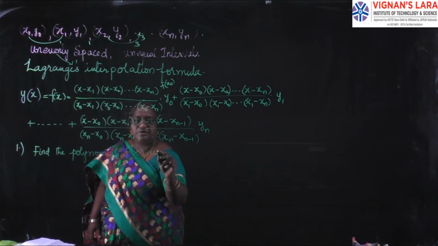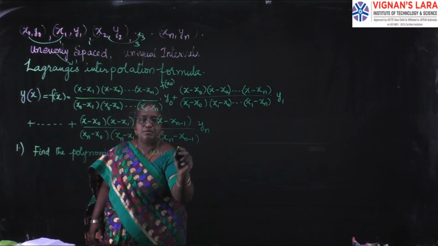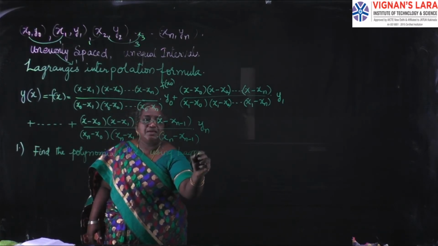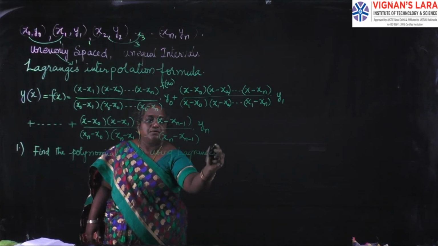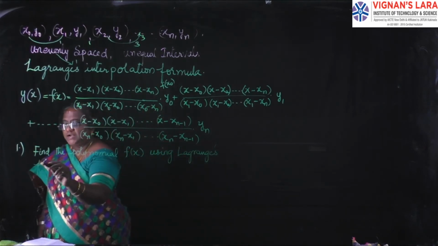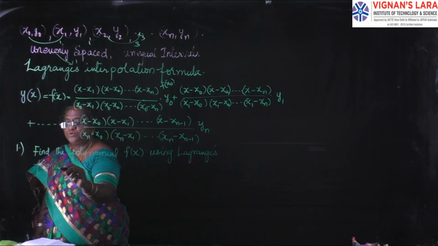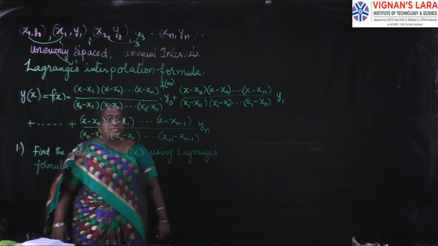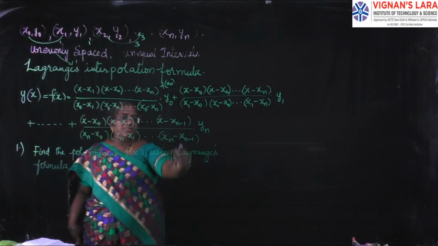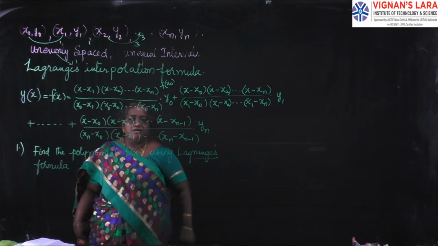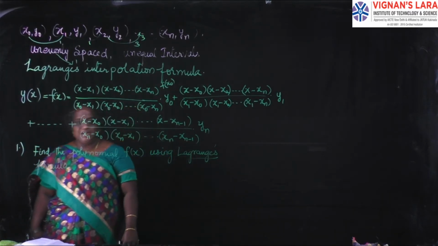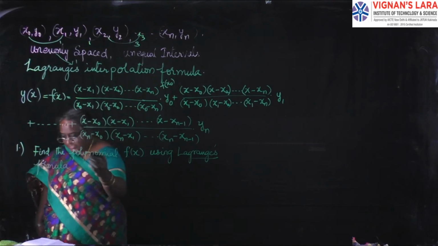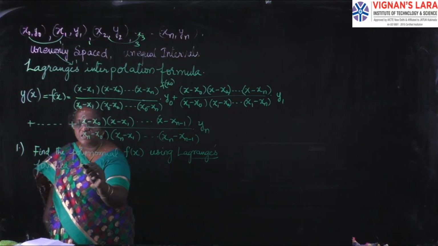Whether it is mentioned or not, by seeing the intervals you can understand that you have to use only Lagrange's formula. How? Seeing the spacing, if they are unevenly spaced, we are supposed to use Lagrange's interpolation formula.